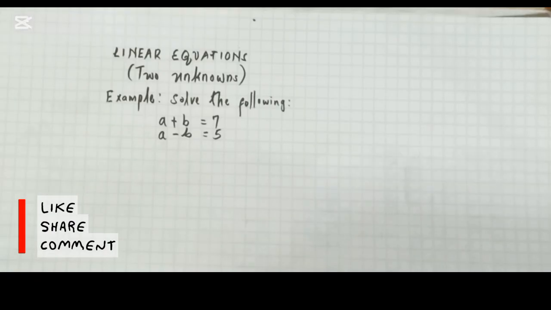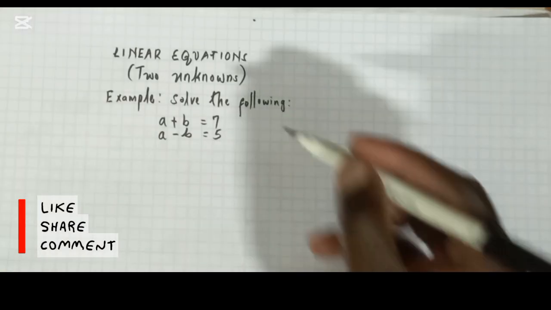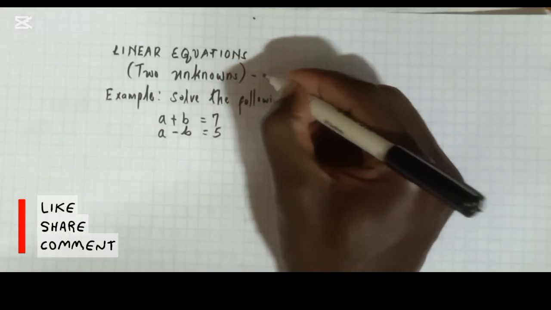There are two methods that this is usually approached with, and that is the elimination method and the substitution method. For this particular video, we are only going to focus on the elimination method.